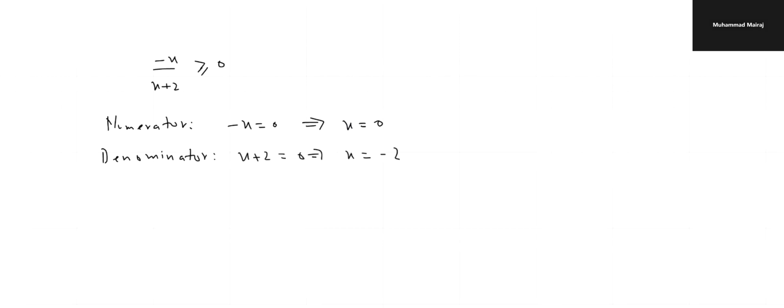So we first find the critical points, set the numerator and denominator equal to 0. Minus x is equal to 0 implies x equals 0. And denominator x plus 2 is equal to 0, which implies x equals negative 2. So that's not allowed.